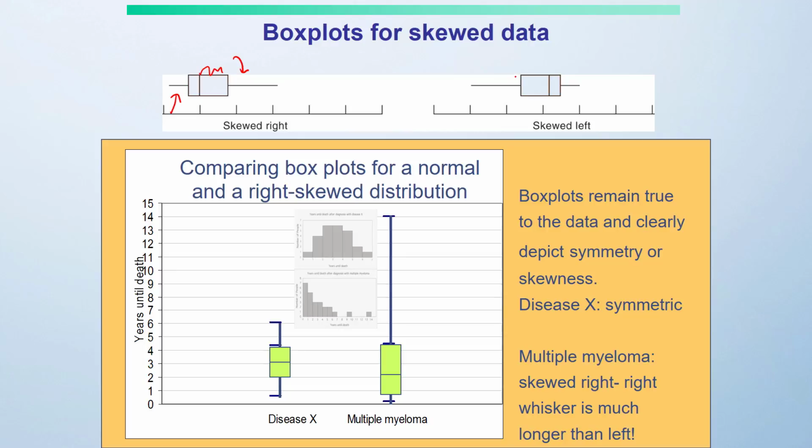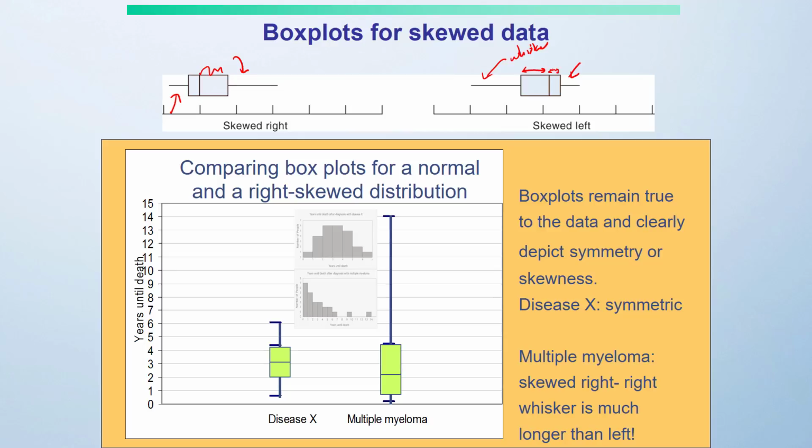In our other box plot to the right here, we see the opposite, right? We see that this whisker here is much longer than the whisker on the right, right? And then we see the same sort of lopsidedness between our quartiles and the median. So we can tell pretty easily that it's skewed to the left.